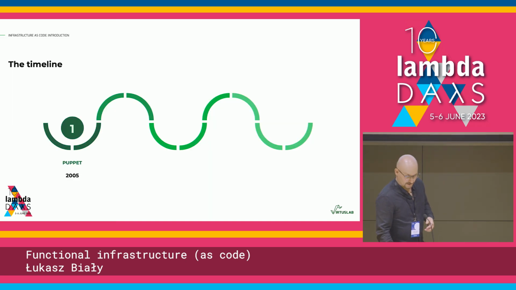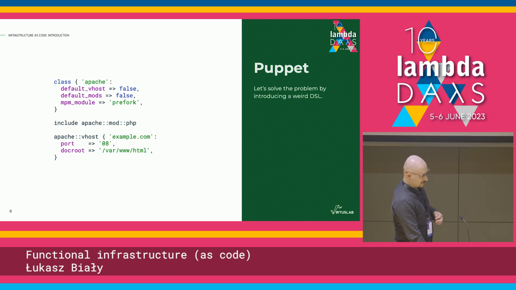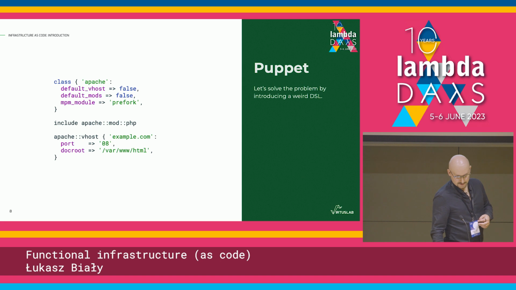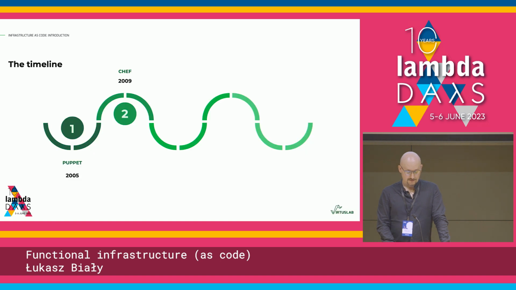So let's go with the timeline. Puppet was the first widely adopted tool. It came out in 2005 and it tried to solve the problem with this beautiful DSL, which doesn't really look like anything that anyone knows really. And then, well, Chef came out because Puppet had some issues.